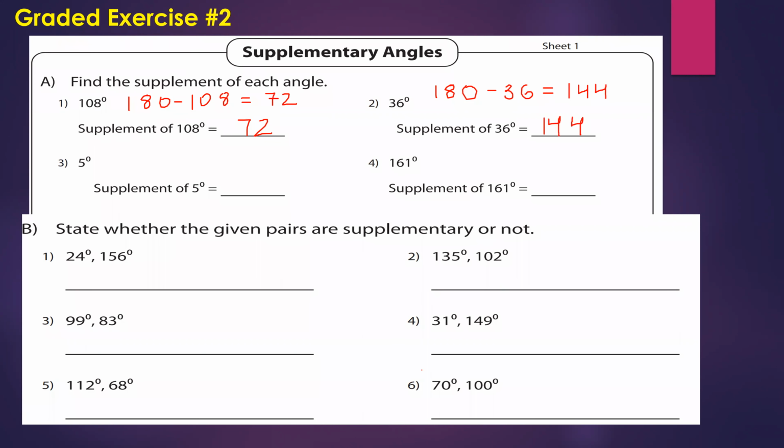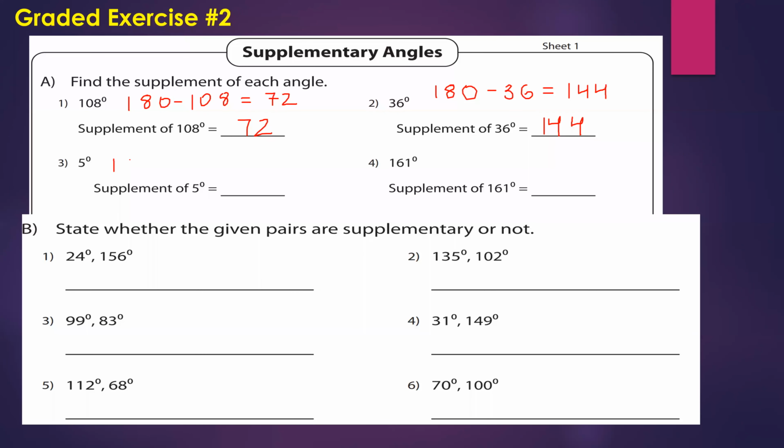All right, moving right along, let's go on to number 3. Anyone want to volunteer for number 3? You want the supplement of 5 degrees. 175. How do you get that? 180 subtract 5.